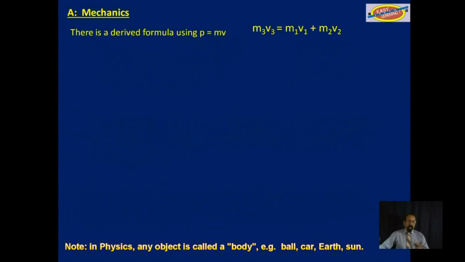So we flip that formula around and we say that m3v3, which is the final momentum of the two bodies together, is equal to m1v1 plus m2v2.